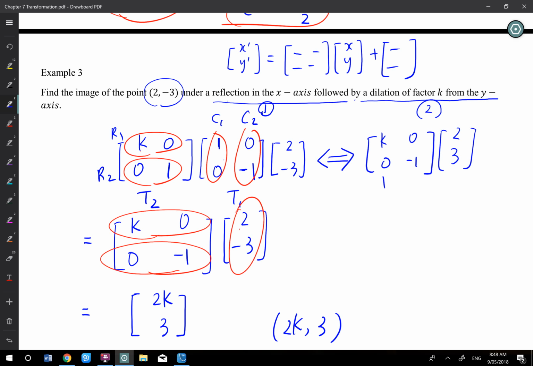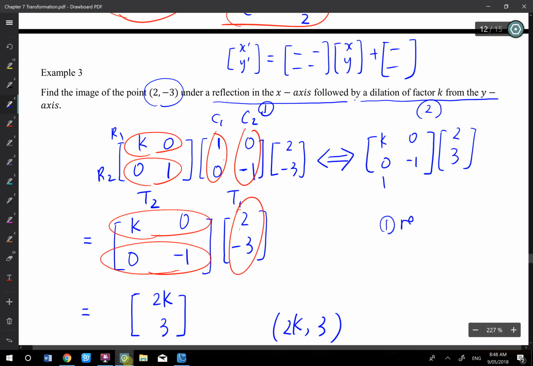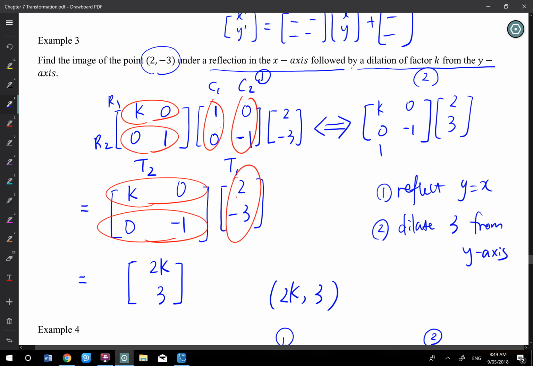But if something like reflect in the line y equals x, and then dilate by a factor of 3 from, doesn't matter which axis, maybe from the y-axis, then if you write the matrix in the wrong order, you will have a different answer.